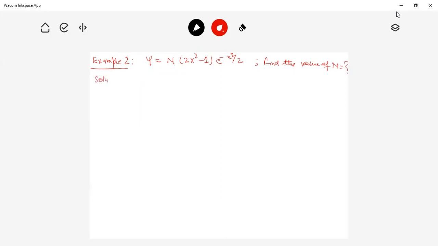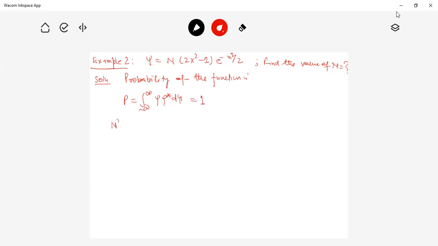In solution, the probability of the function is P equal to integral minus infinity to plus infinity psi star psi d tau, and this value should be equal to 1.